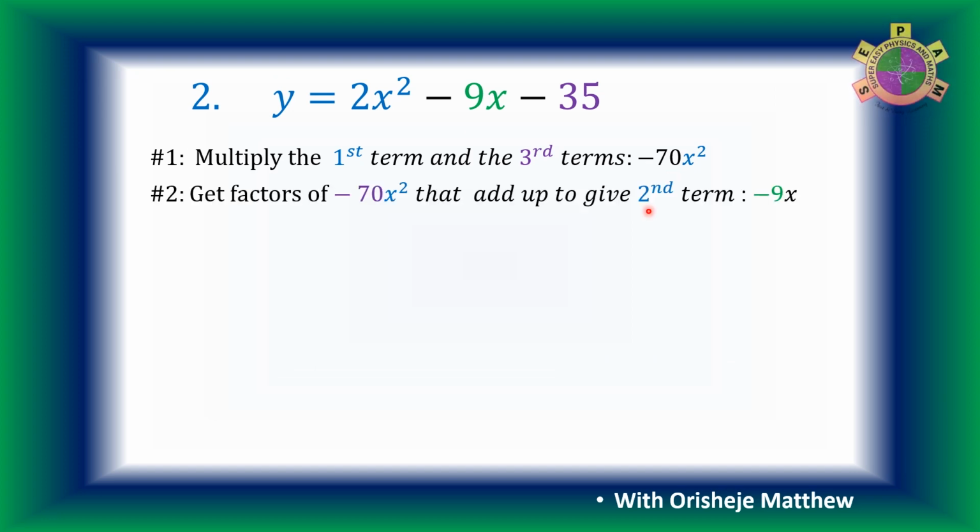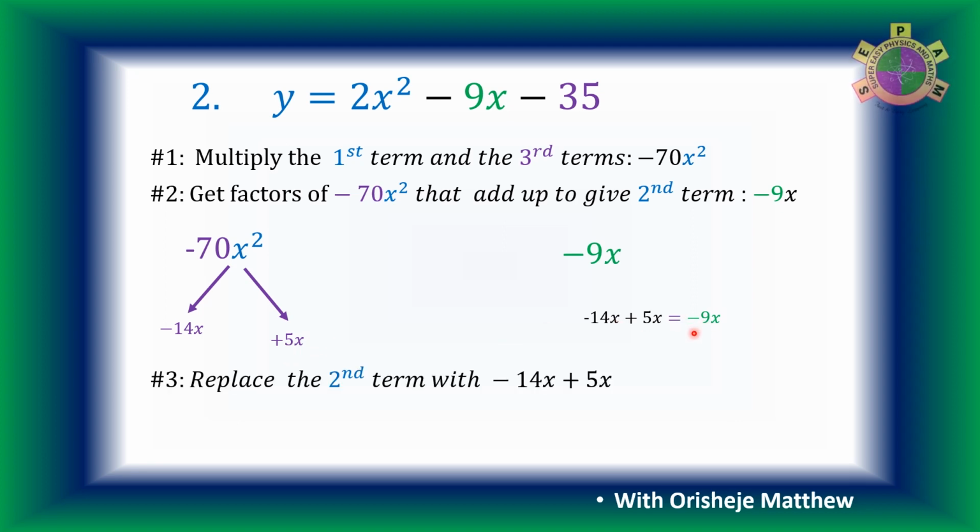Then next, you get the factors of negative 70x squared that add up to give negative 9x, the second term. Those factors will give us negative 14x and 5x. If you add negative 14x to plus 5x, that will give us negative 9x.